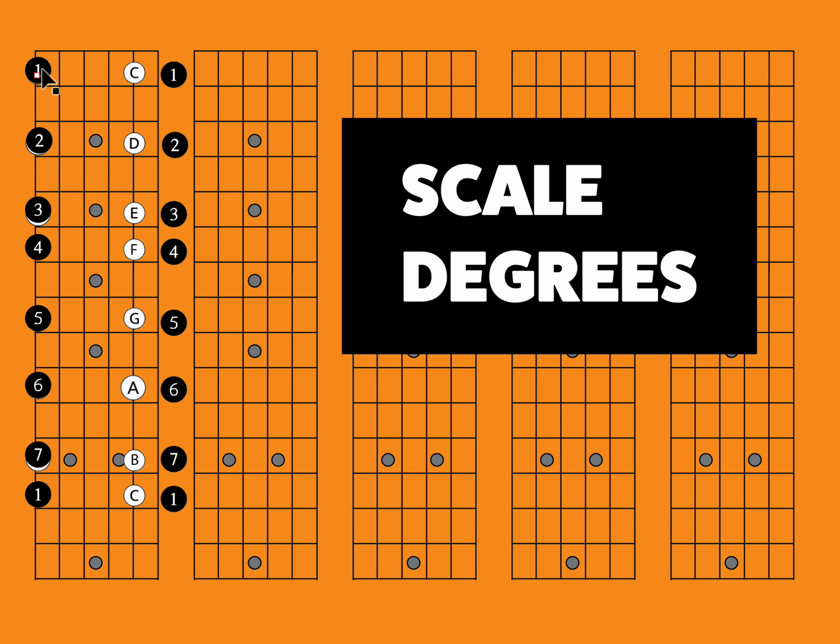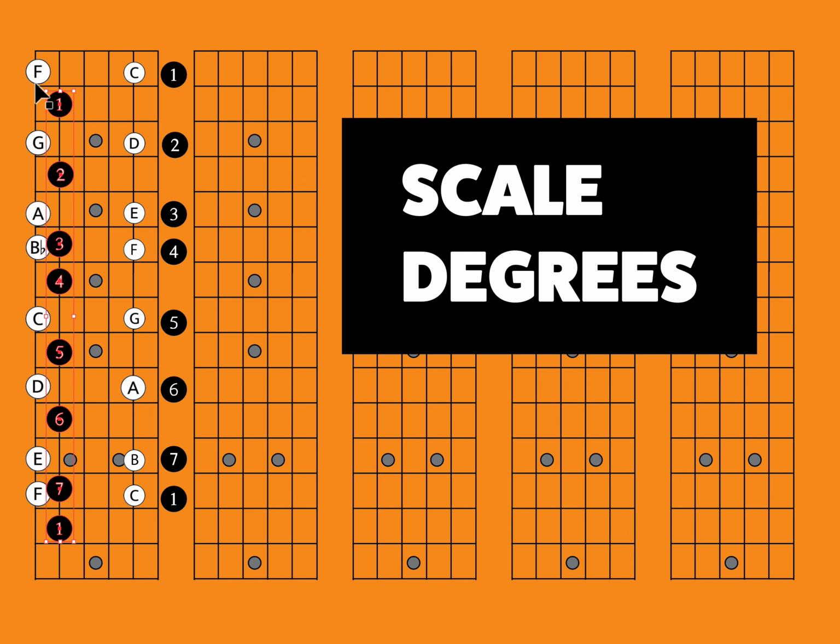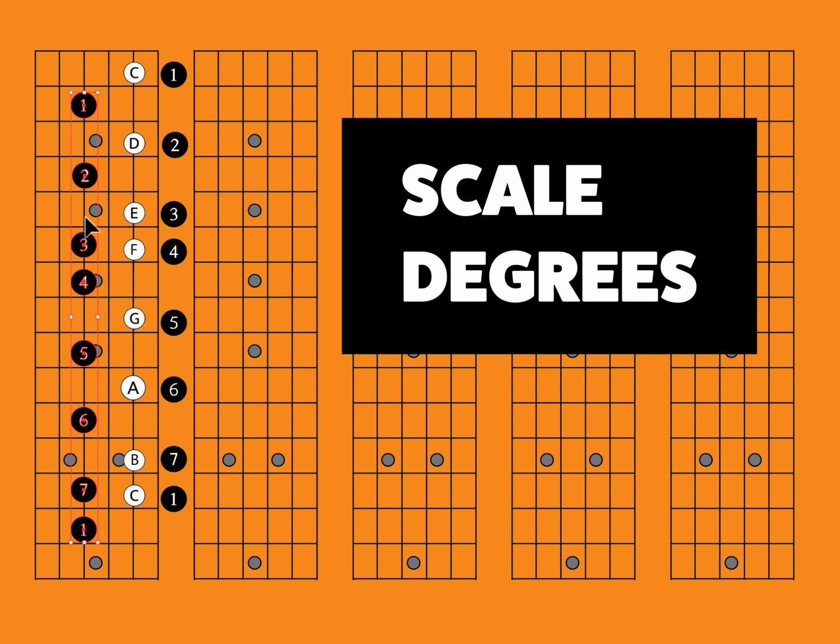So regardless of what key we start in, if this right here is a B, then I would just move my scale degrees down, and whatever notes are under there would reveal what the B major scale is. Or this is an E. So wherever we are, that's how it works.